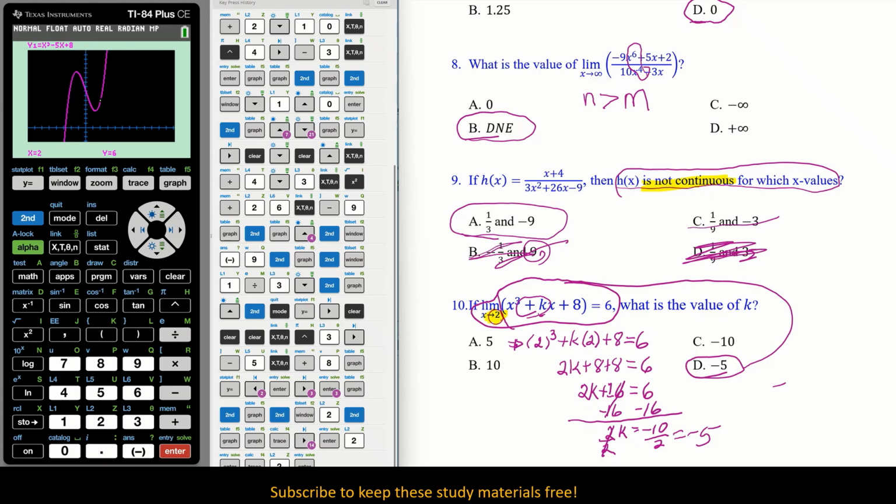Enter. Yes, now there it is. 2 and 6. Perfect. So we know that if k is -5, this equation at 2 does have the limit, does equal 6, as x approaches 2. Perfect. Okay. All right. That is the last question in this first video.